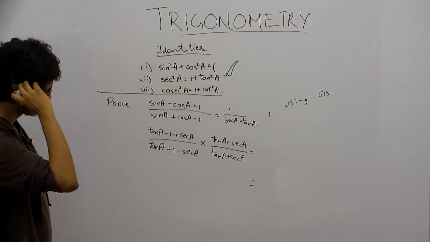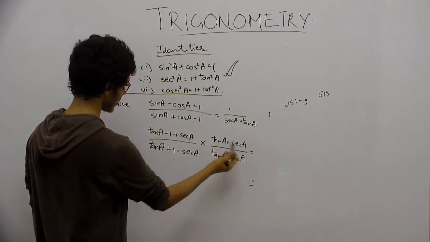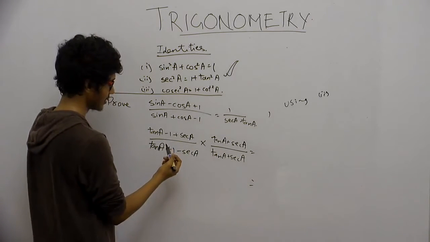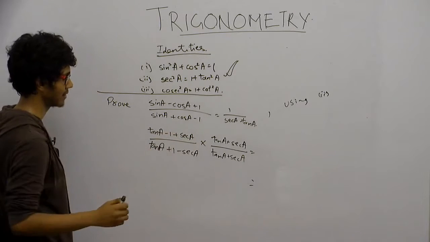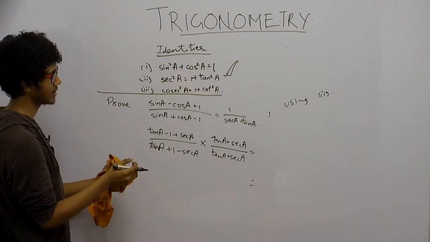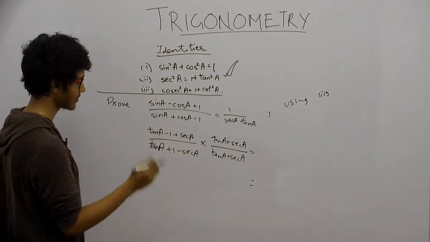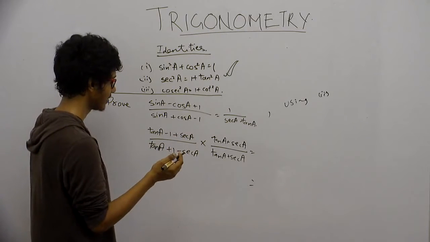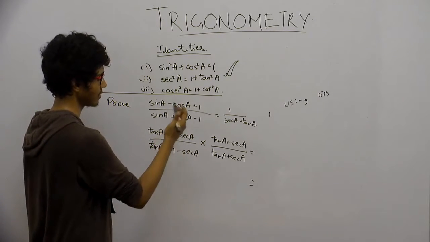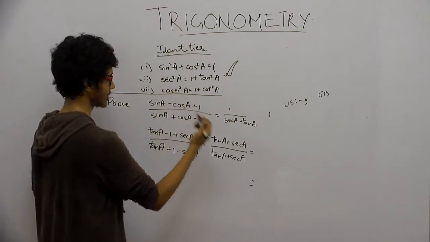Okay, so we see sec plus tan whole square, (sec plus tan) into (sec plus tan minus 1). So we multiply (sec plus tan) into (sec plus tan minus 1) into (sec plus tan). So we get sec plus tan whole square, which is sec square plus tan square plus 2 tan sec, minus tan minus sec. Now we know that sec square is 1 plus tan square.